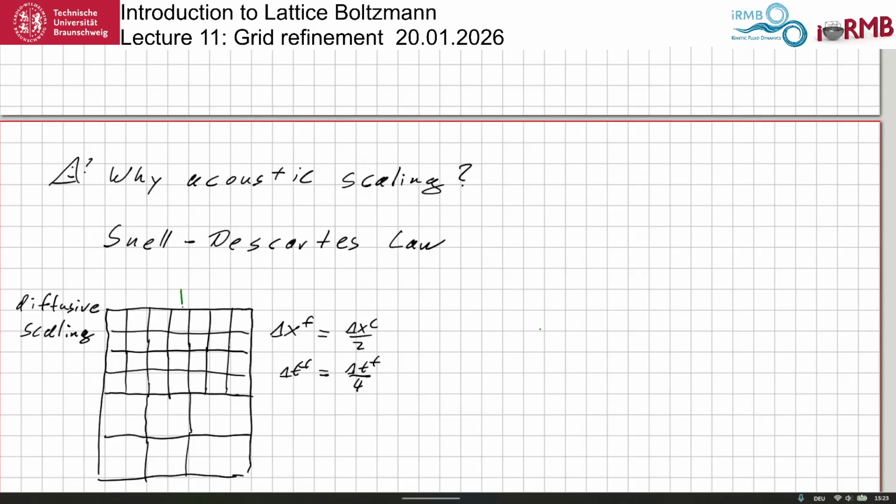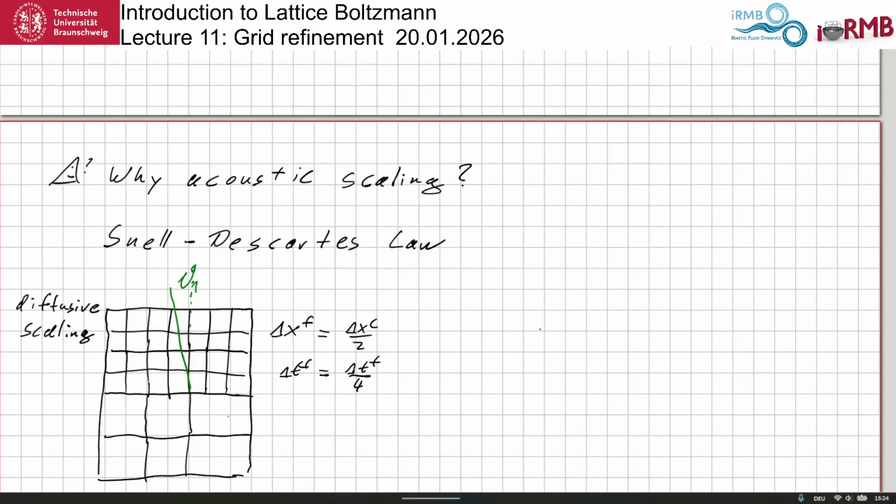Say we have a wave coming in this way, and say the wave has an incidence angle. I should not use theta because I use the other theta. Theta 1.